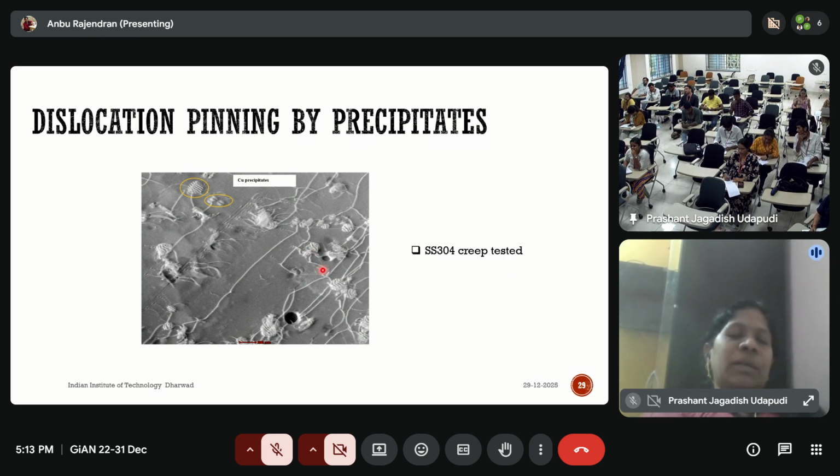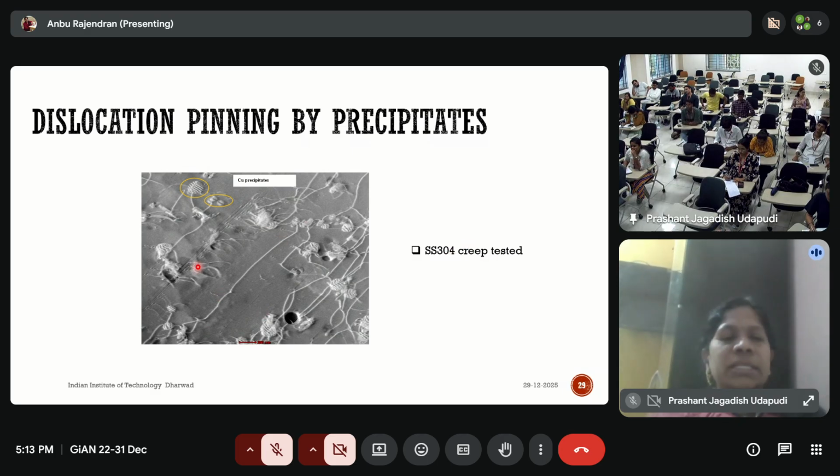At the time of failure, we were trying to understand how the pinning is happening. The sample is prepared from the bulk, with the procedure I mentioned, 3 mm discs prepared. Then we could analyze how these precipitates and dislocations are present in the sample after certain testing conditions.